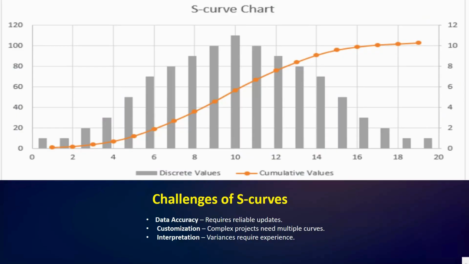So you can see three limitations: data accuracy, customization, and interpretation. The first is data accuracy. An S-curve is only as reliable as the data you feed into it. If updates are inconsistent or inaccurate, the curve can give misleading results.